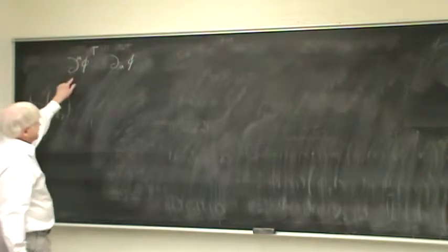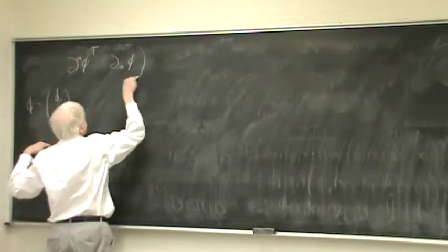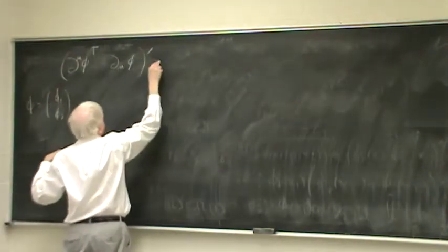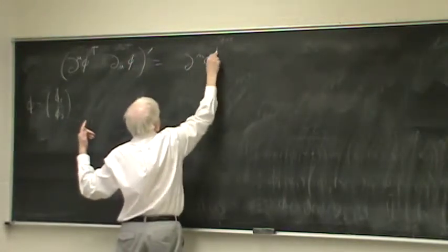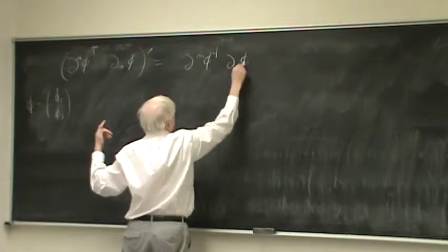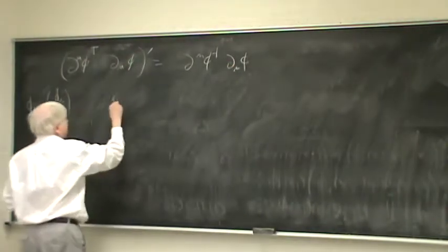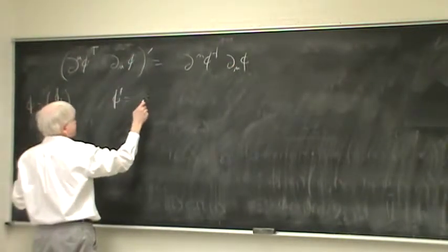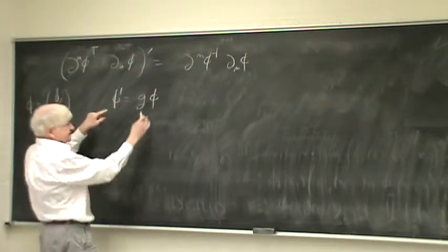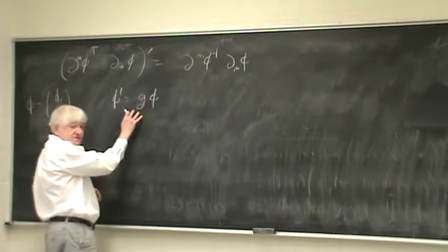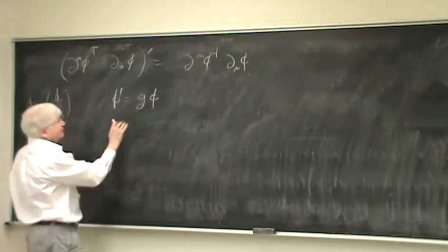Then we want this to be the same as d mu phi dagger, d mu phi, even if phi prime is some group element acting on phi, where phi is a 2-component vector and the group element is a 2 by 2 matrix.